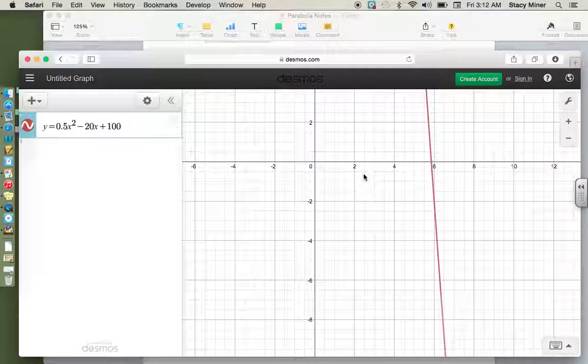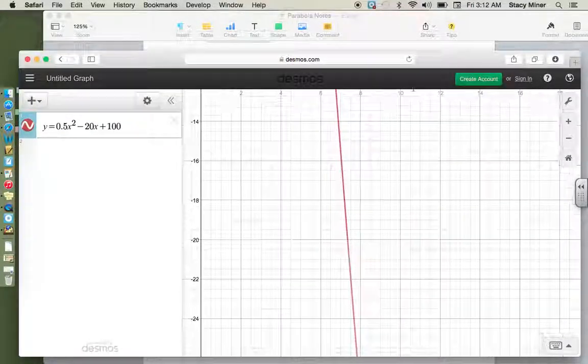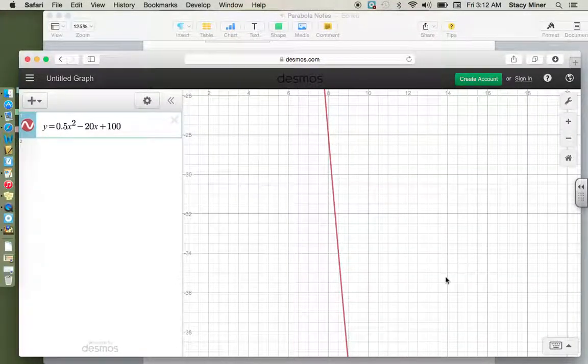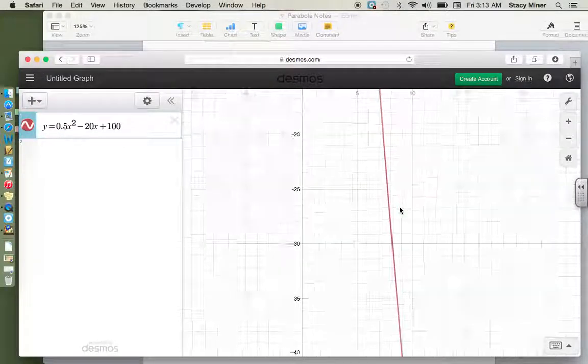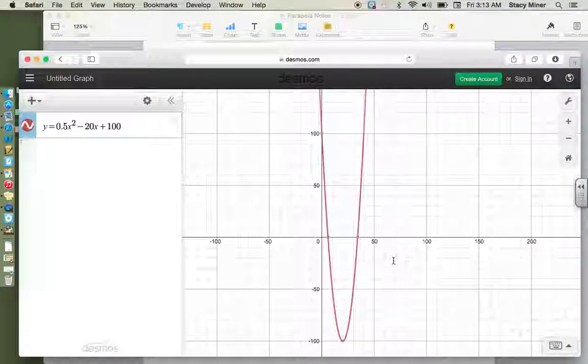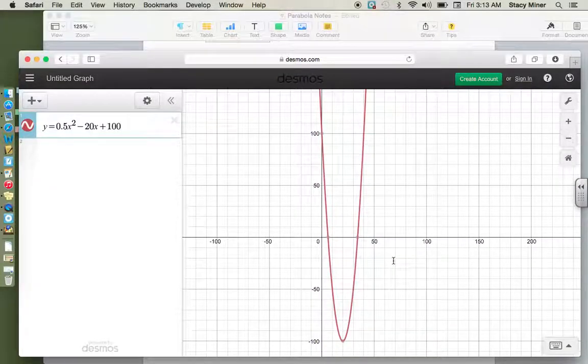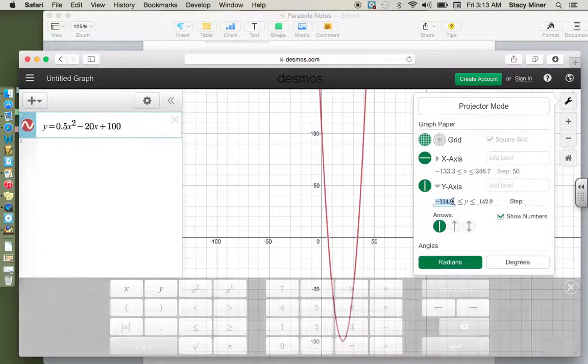Okay, so I can already see, so I'm going to zoom out. Okay, so granted, this window right here would work. You could write this window down, but I'd say we have a lot of extra space on the y, so I'm going to change that.